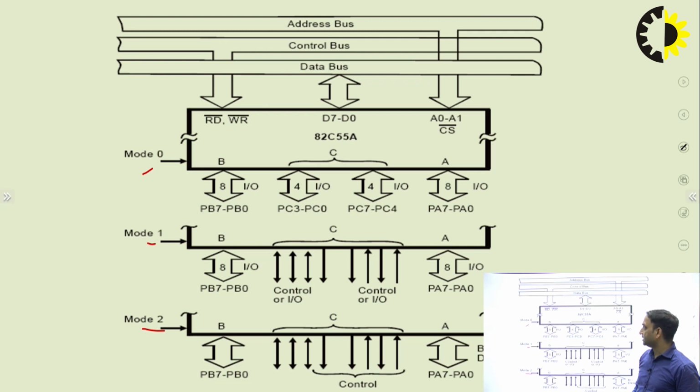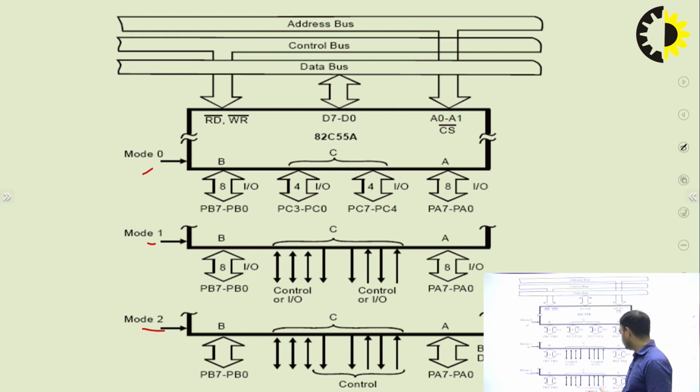So this is the complete architecture which we have discussed about the 82C55. In mode 0, all these lines are used for data transfer. In mode 1, some lines are control signals or I/O lines, but port A and port B can be used for data transfer.